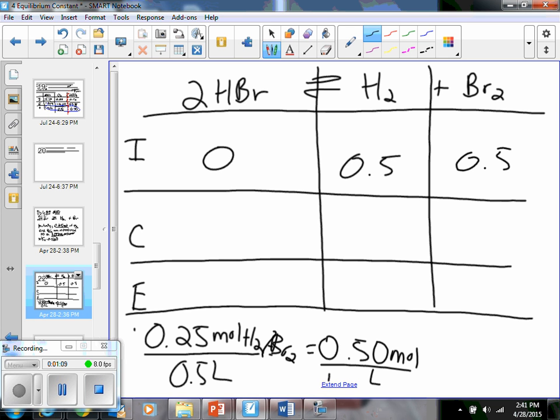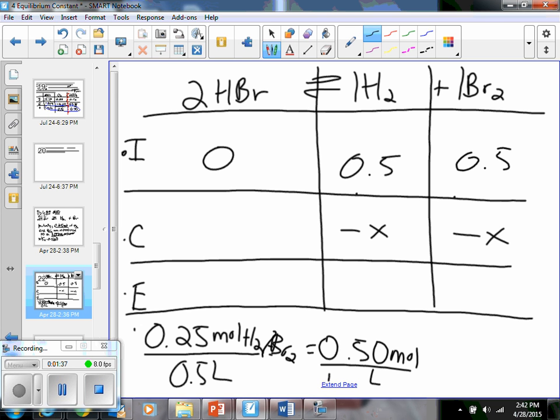So for questions like this, I don't know what the change or the end values are going to be, so we need to substitute in variables. I know that because there's no HBr, all I have is product, it's going to favor the reverse reaction. So these are going to decrease by some amount. I don't know what, so we'll call it X. These are a 1-to-1 ratio, so they're going to decrease by the same amount.